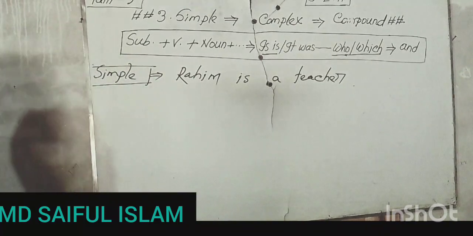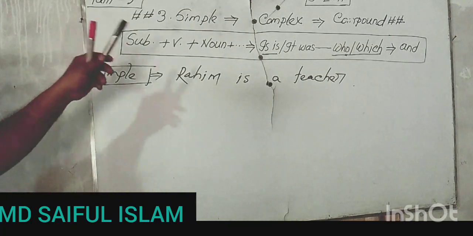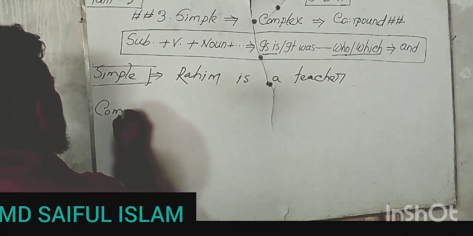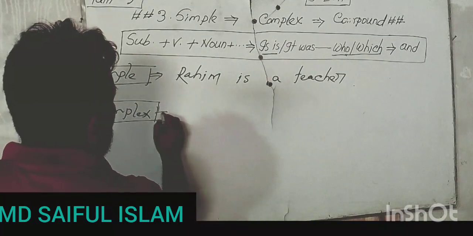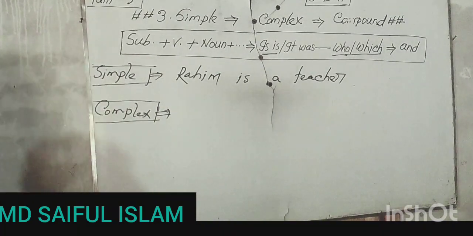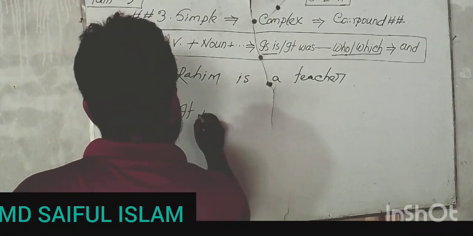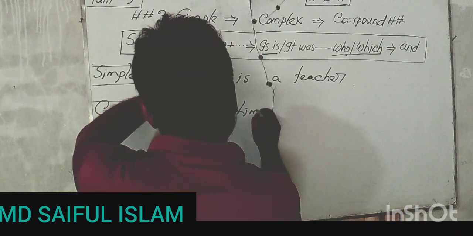So viewers, now you'll have to apply this rule at the time of changing or converting such kinds of statement or sentence into complex. We may write down in this way, viewers, complex. What can we write at first? It is or it was. Of course, it is. Next, subject.